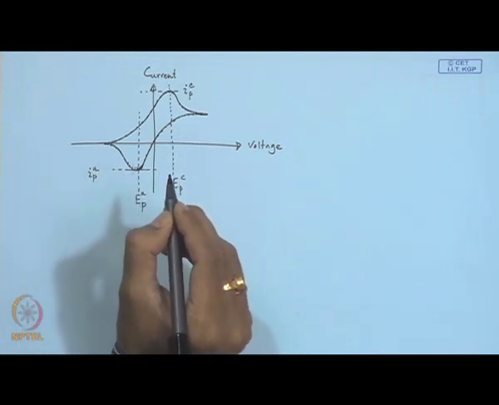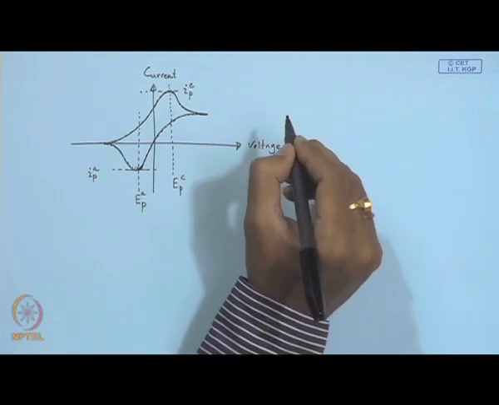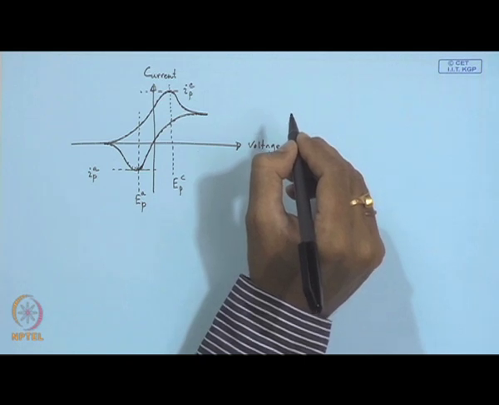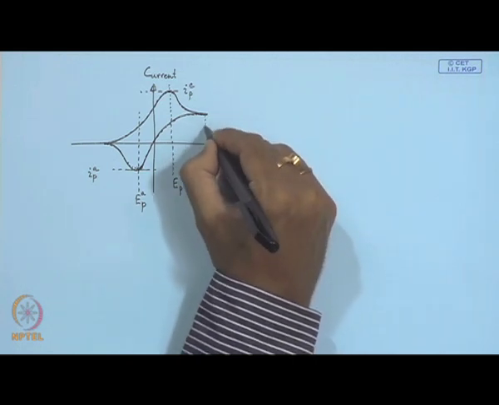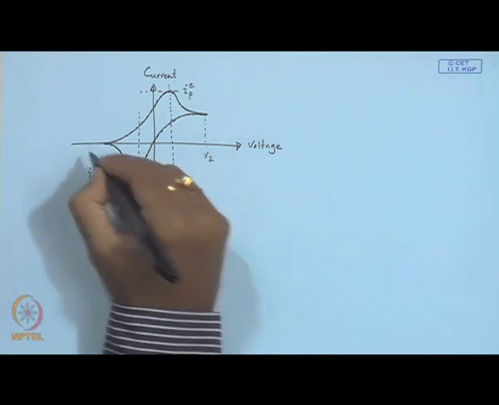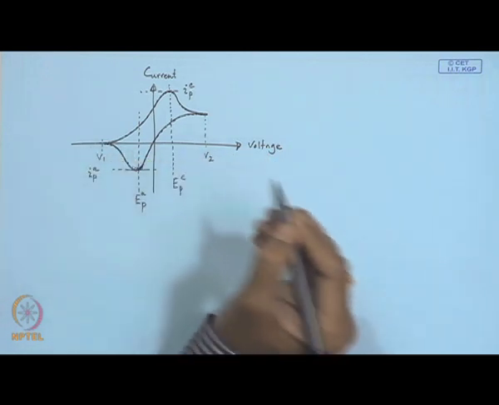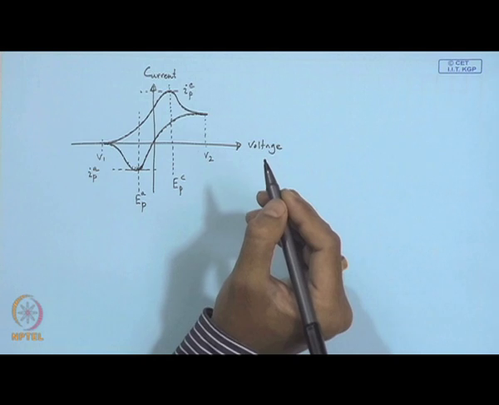Okay, these are the characteristic things that you can think of. So, this is your V2, so this is your V1. Okay.